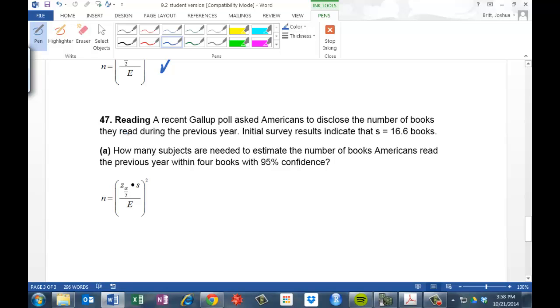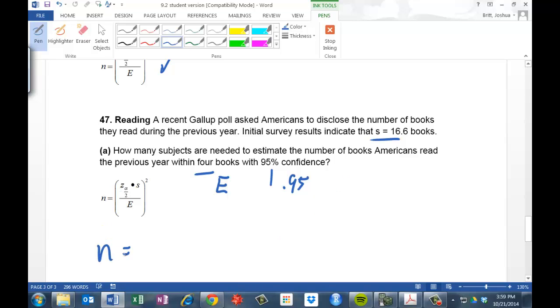Initial survey results indicate standard deviation is 16.6. How many subjects are needed to estimate the number of books Americans read the previous year within 4 books? So margin of error is 4, confidence here 0.95, standard deviation is here. We have everything we need.